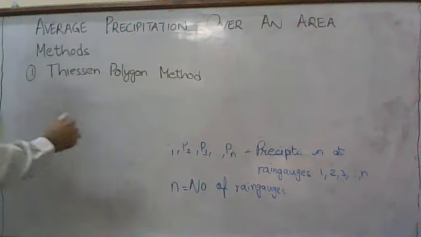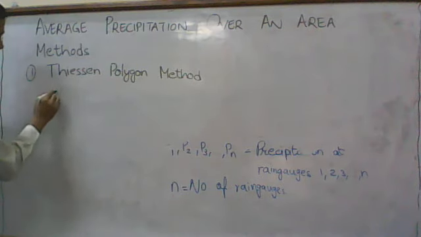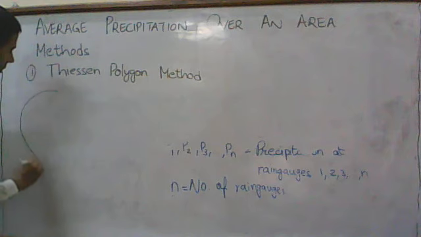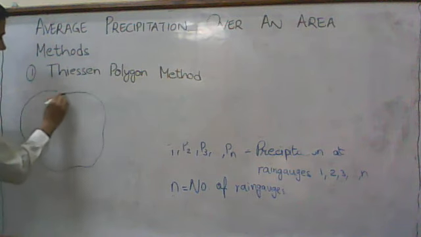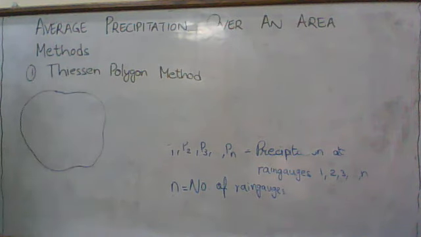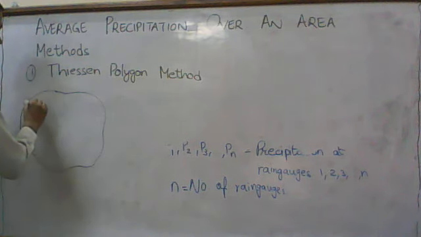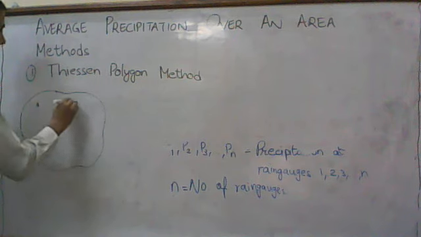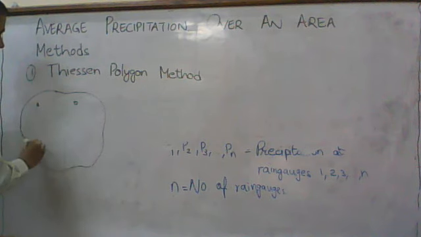Now you can see, suppose this is a catchment area, and here there are 4 rain gauge stations. Now what happens in this Thiessen polygon method?